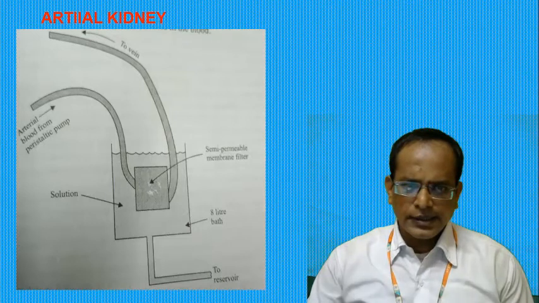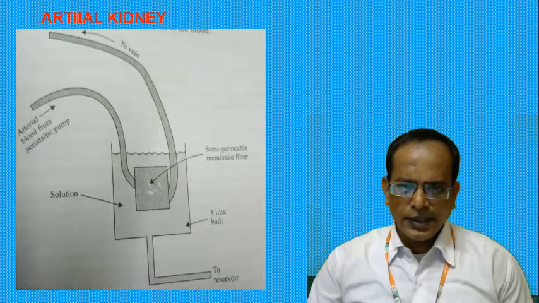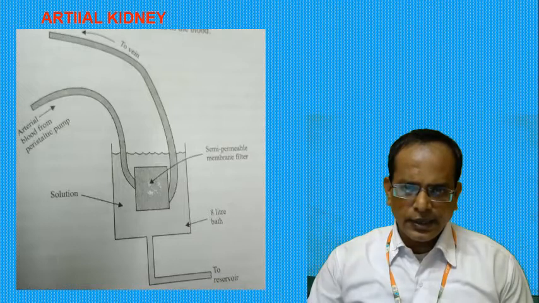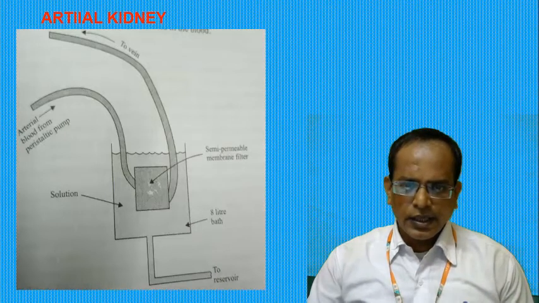In this tube is put a solution. That solution may be around 8 liters, and this entire setup is connected with a semi-permeable membrane. So here it follows the osmosis principle. That means it will allow filtration here.